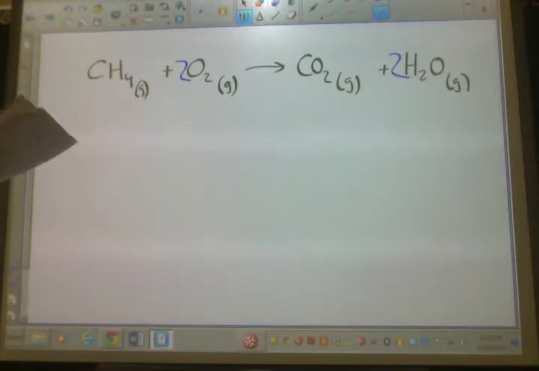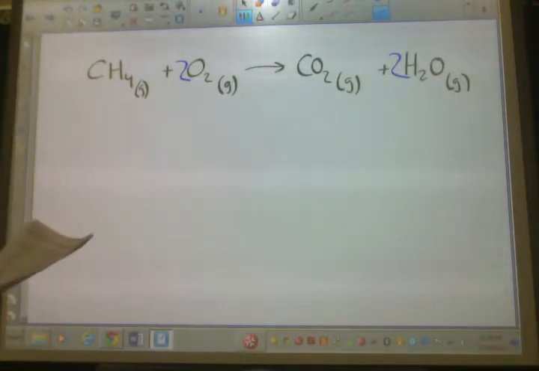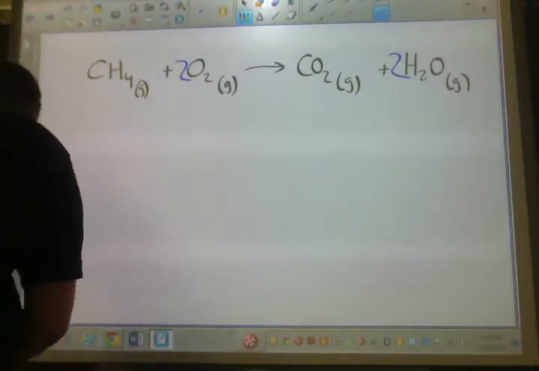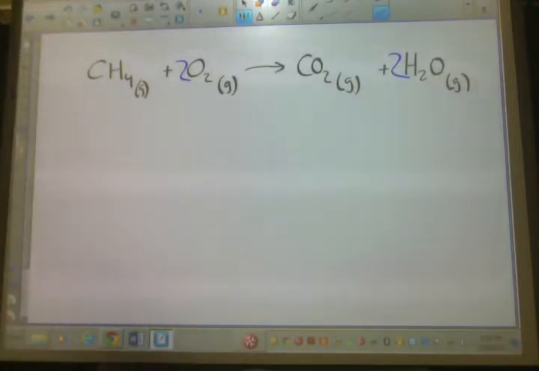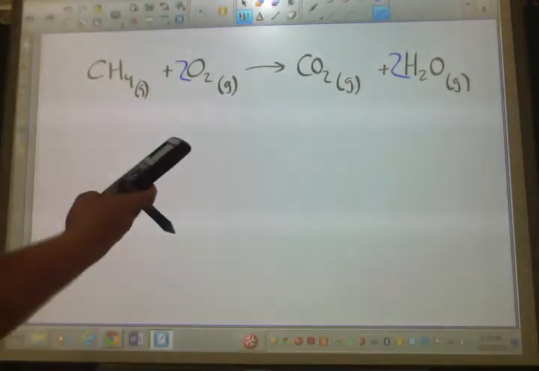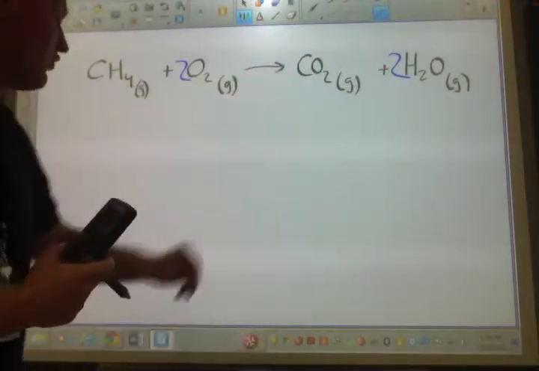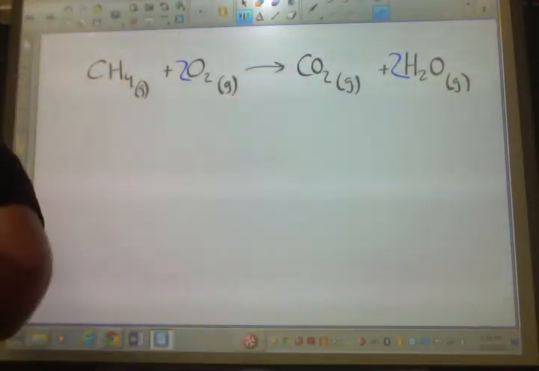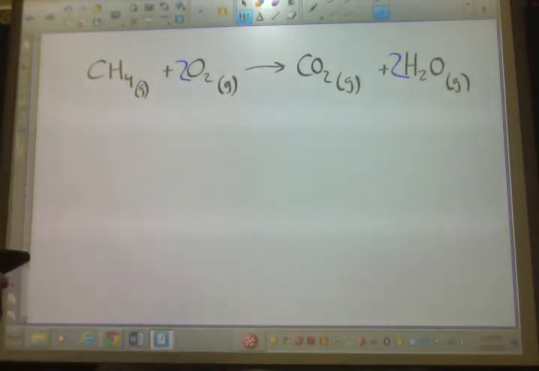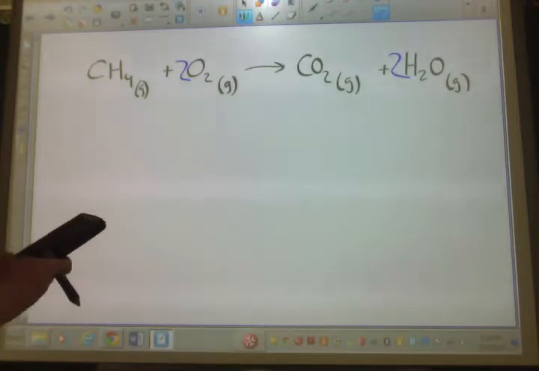Okay, we need to find the heat of reaction of this. So, 2 gaseous waters. For water, gas is negative 241.8 kilojoules per mole times 2 moles. I'm going to add that to the formation of CO2. Carbon dioxide is negative 393.5 kilojoules per mole.